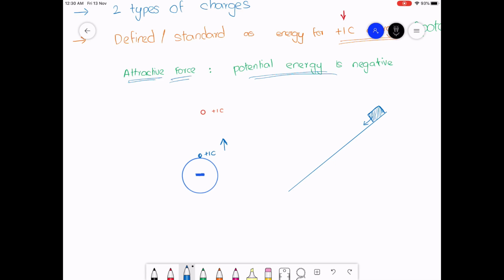And at infinity, it's always established that the potential is 0. So that means it's negative. Now you can think of it as really moving from infinity. If this point is infinity, moving from infinity to the point, it's losing energy, but it's speeding up, much like going down a hill.